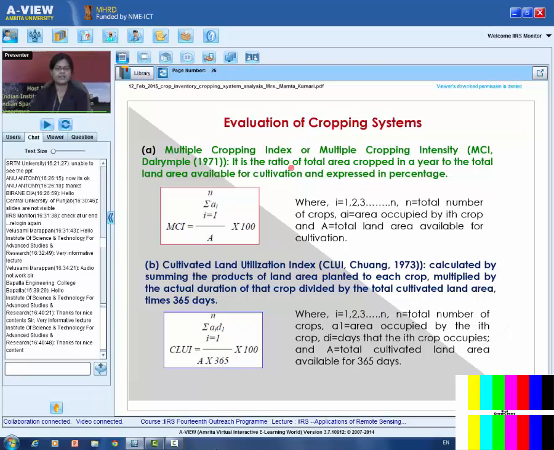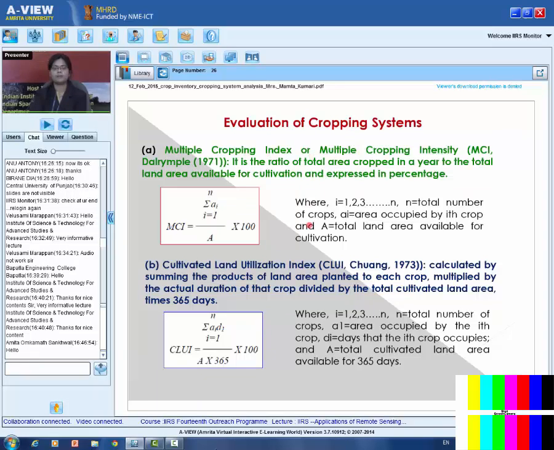So in every case, this value might differ. Multiple cropping index tells us which kind of crops we should take. Area diversity tells how many types of crops we should take, what would be the ideal condition. And CLUI is generally used for fine tuning of the cropping pattern.